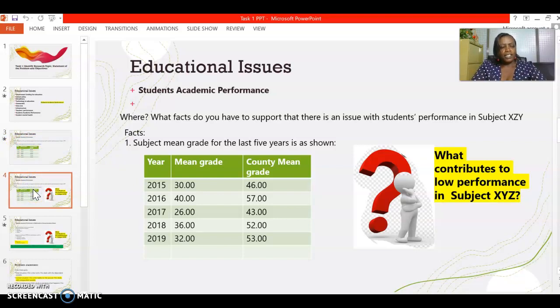So now that you have seen that there is an issue in performance for the last 5 years, the other question that you need to ask yourself is, what contributes to low performance in this particular subject? So that then you are able to interrogate these particular factors to be able to explain what is causing this low performance persistently for the last 5 years.